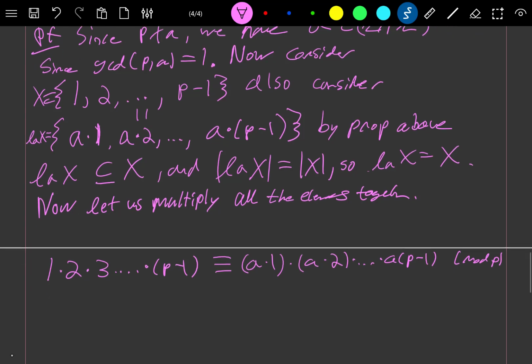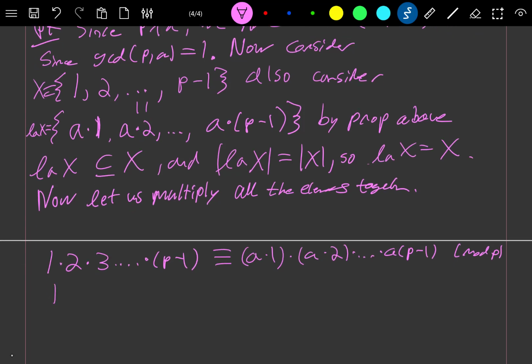But now, let us just regroup the terms. Let us write it as p minus 1 factorial. If you just pull out all the a terms, you get a factor of a to the p minus 1, and you also get a p minus 1 factorial, and this is mod p.